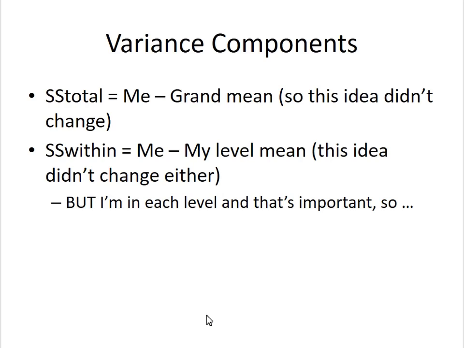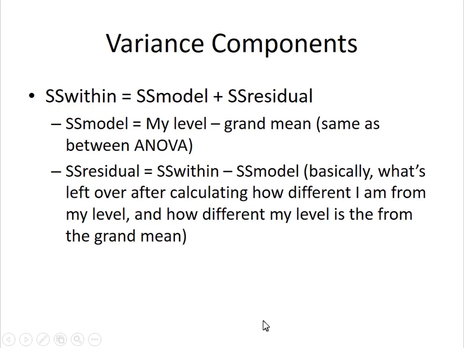Sum of squares within isn't model quite yet, but it's mean minus my level mean, which is very similar to model. We've been doing that for model, mean minus my level. But the problem is that I'm in each one of those levels, so you've used the mean multiple times. You've got to control for that somehow. So with sum of squares within, I'm going to break that down into model and residual, and these are the same.